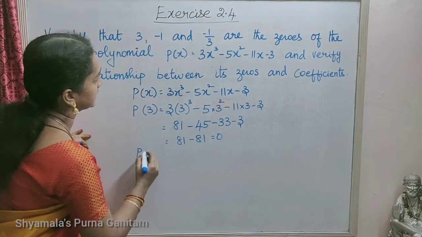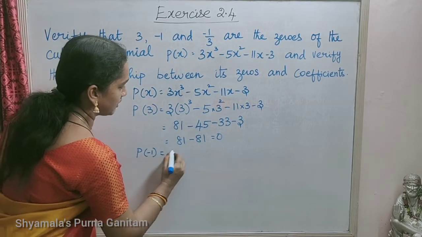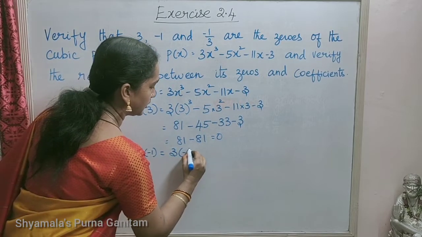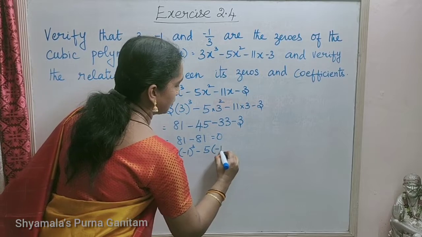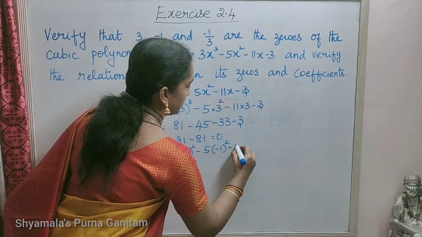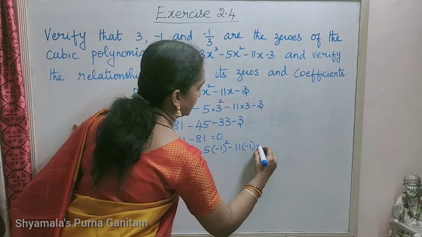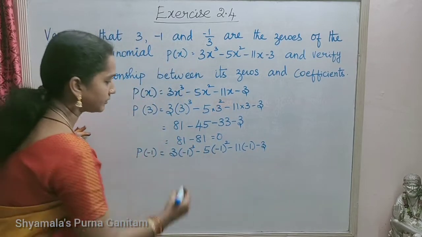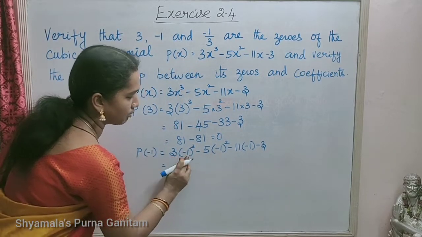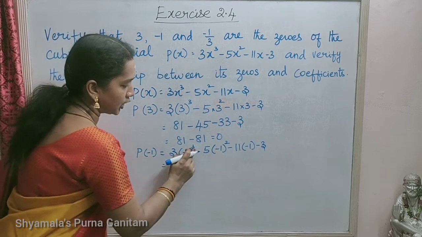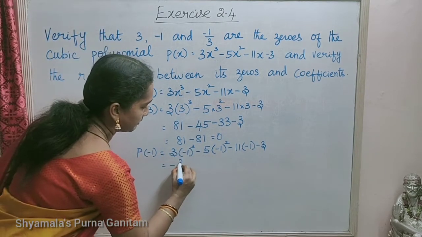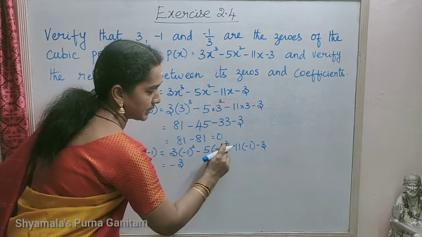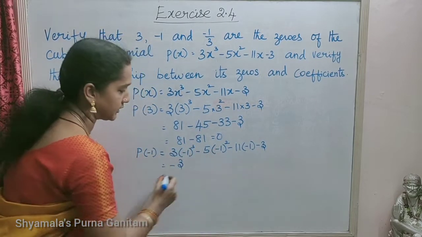Then next one is minus 1. So p of minus 1 is equal to 3 into minus 1 the whole cube minus 5 into minus 1 the whole square minus 11 into minus 1 minus 3. Okay. So this is 3 into minus 1 the whole cube. The power is odd number, so you will get minus 3. Then this one, the power is even number, so you will get positive sign here.